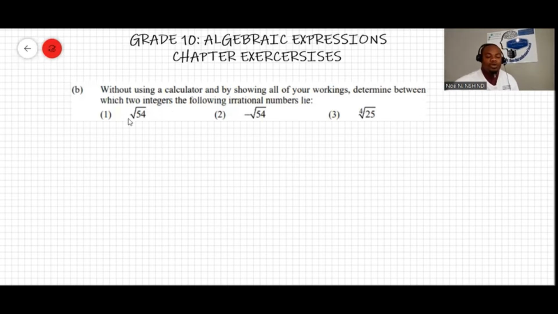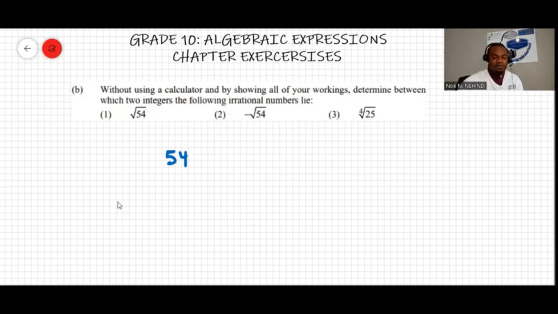Now, for a square root like this, how do I know? If I write 55 first, I will look at the closest square numbers, because this is a square root. I must find the closest square numbers on the left and right of 54.